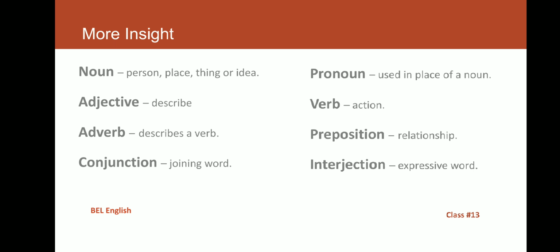Then let's get on to the adjective. It's a describing word, something that describes or modifies or gives more information about a noun or a pronoun. For example, Jane is a young pretty girl. Young is describing her.